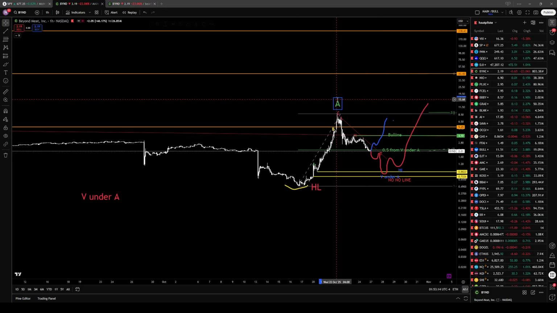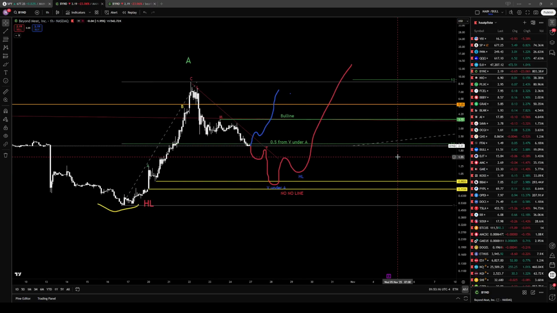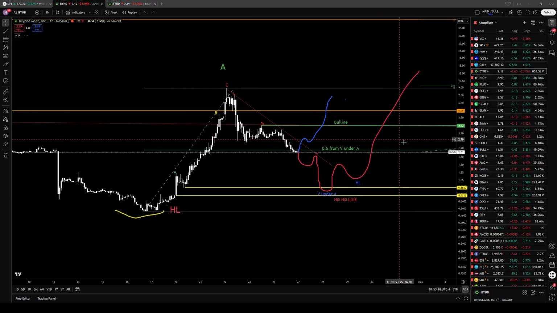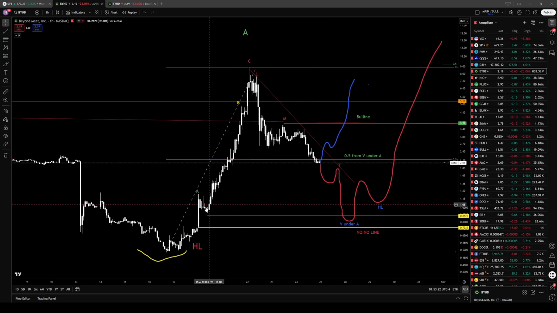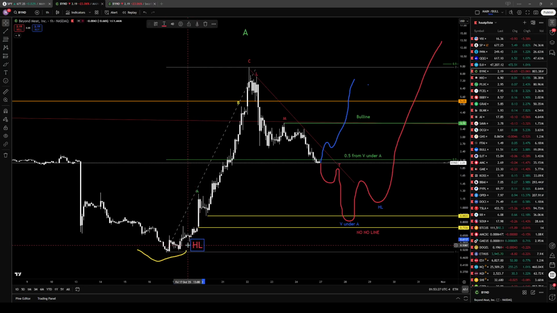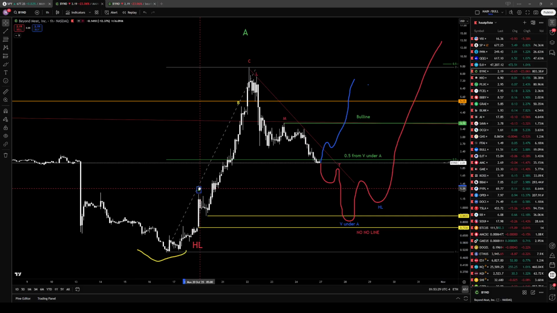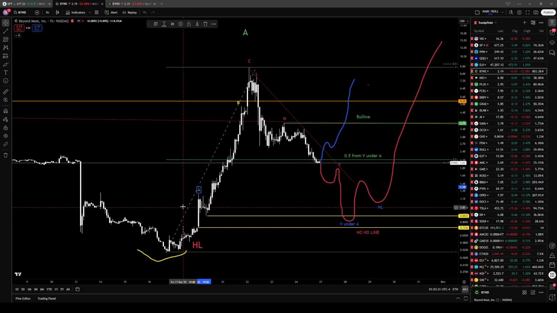So I have two versions for the bullish part. For that we go into the little tracking, where here's our V. This would be our high low. This little thing here would be our little A, with the A pullback.